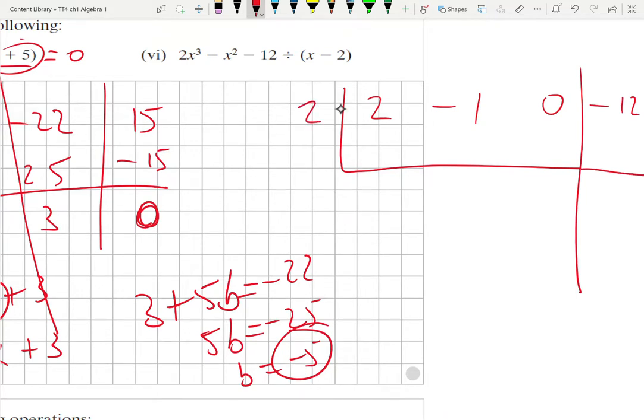This 2 adds straight downwards. You can put a 0 there if you like. 4, 3, 6, 6 plus 12 gone. 2x squared plus 3x plus 6.